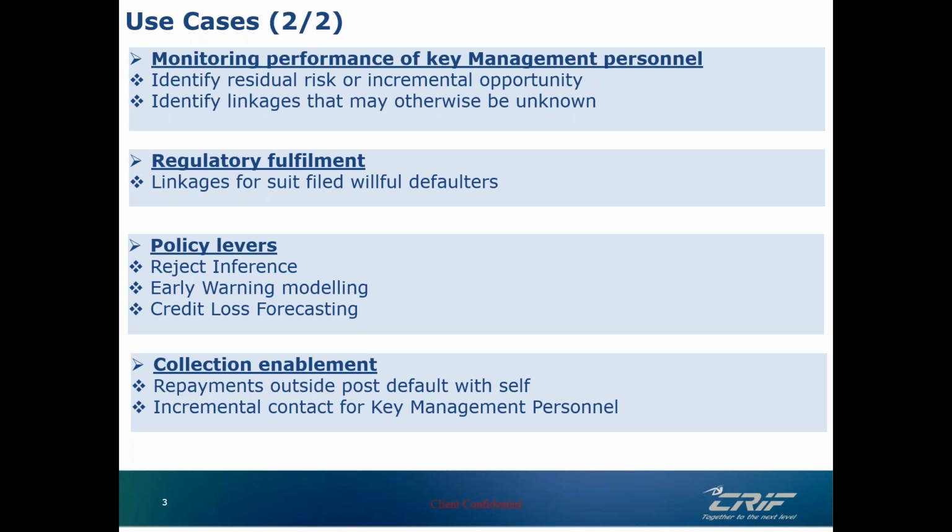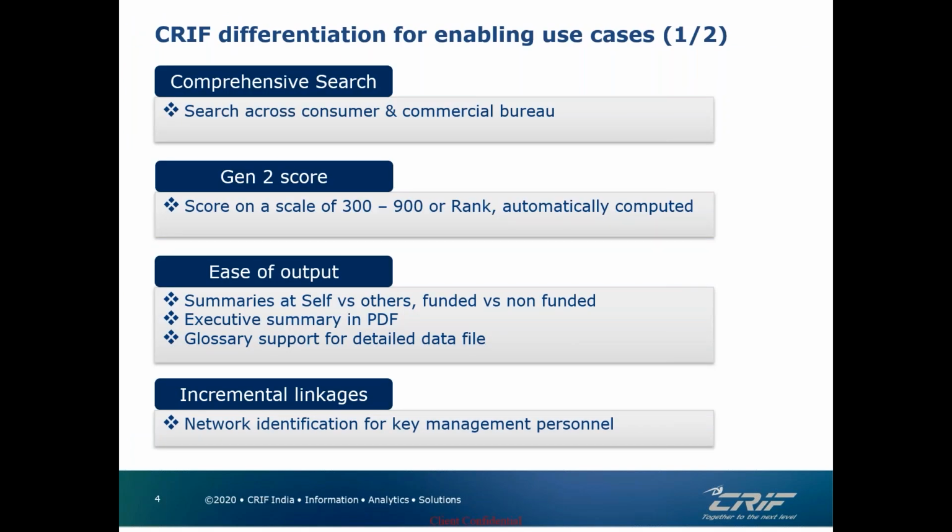So, what do we provide as the output that helps you get these use cases? The first is that we search everywhere. As I said, you need to search for the business entity as well as key management personnel, and therefore we search in the consumer bureau and the commercial bureau. We have a score.